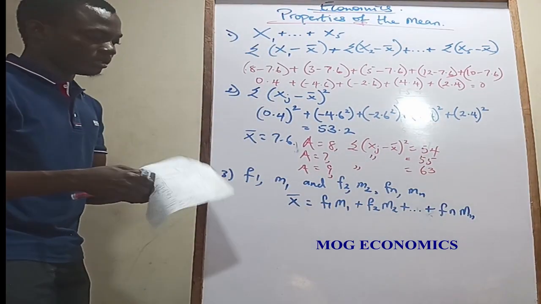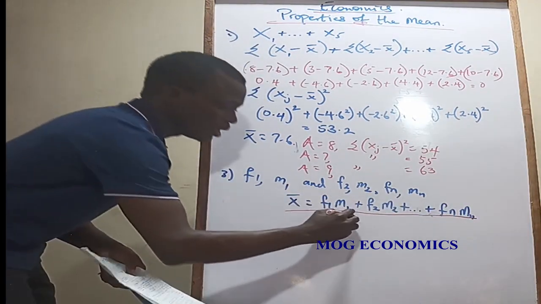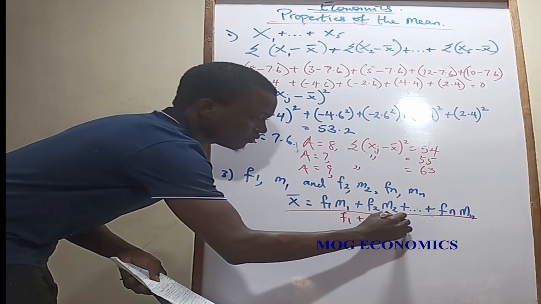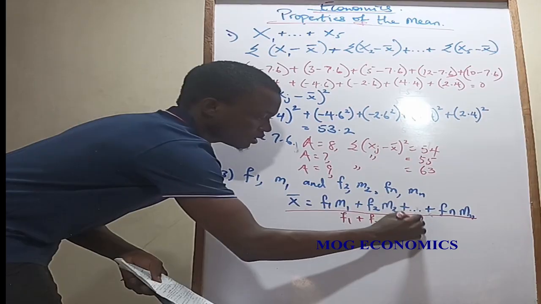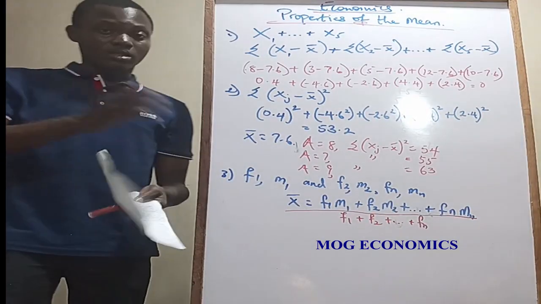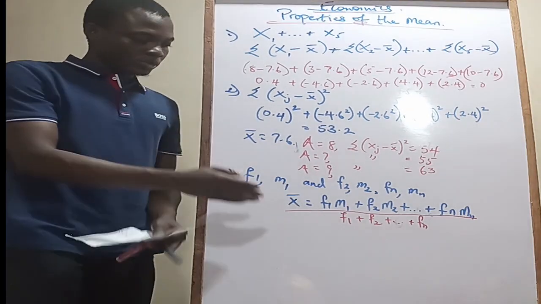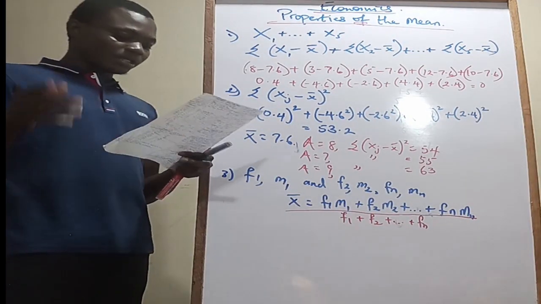Everything here will then be divided by F1 plus F2 plus ellipses plus Fn. The reason I put in Fn is because there are still a lot of numbers between 1, 2, 3, and n. There can be lots of numbers before we get to n, the final one.